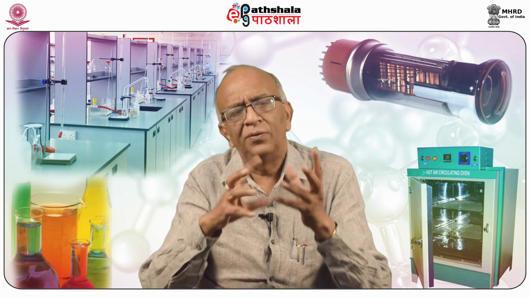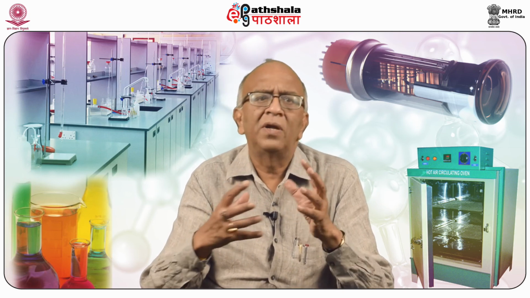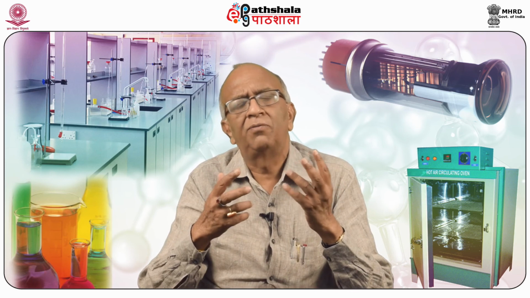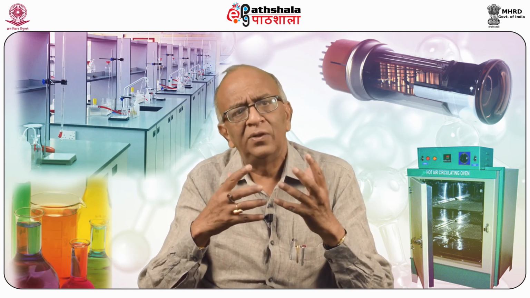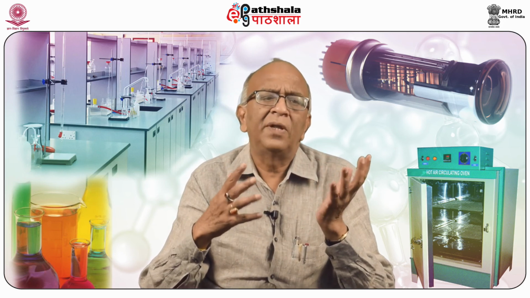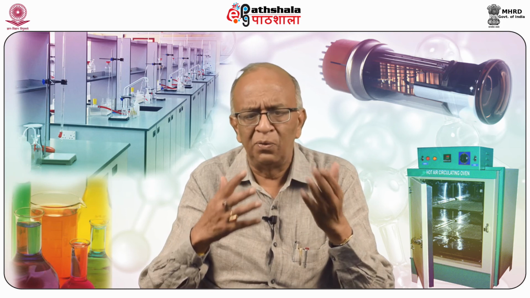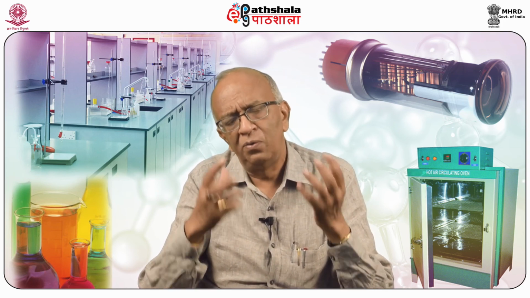Similarly, by measuring the intensity of fluorescence and phosphorescence, we can find out the concentration of substances which can fluoresce and phosphoresce. This is a unique feature of this experiment, that we can simultaneously find out qualitatively what the unknown substance is, and we can find out the amount of unknown substance.